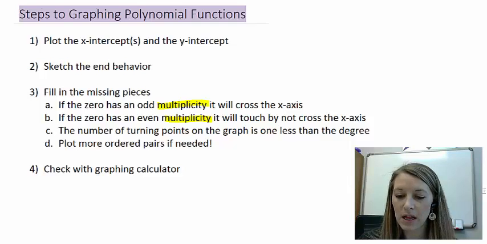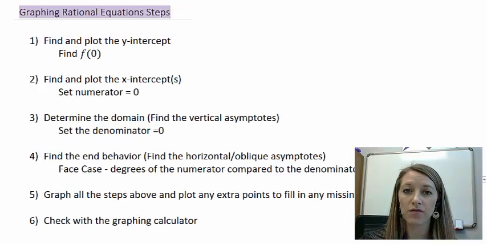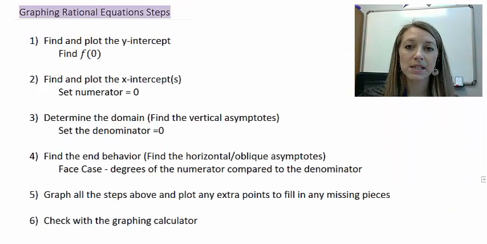Let's see how we did it if we were trying to graph rational functions or fractions. Basically the same steps, but tweaked a little bit. We plotted the points, meaning the y-intercepts, the x-intercepts. We found the asymptotes by determining what values were excluded from the domain when our denominator was equal to 0. We looked at the end behavior just like we did in polynomials, meaning what's happening on the very ends of the graph.